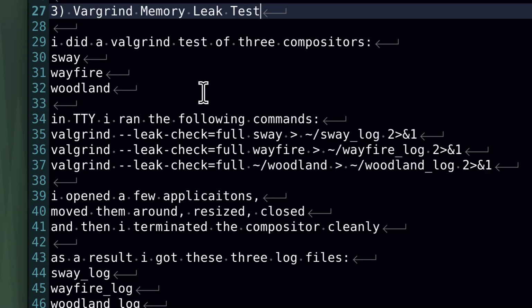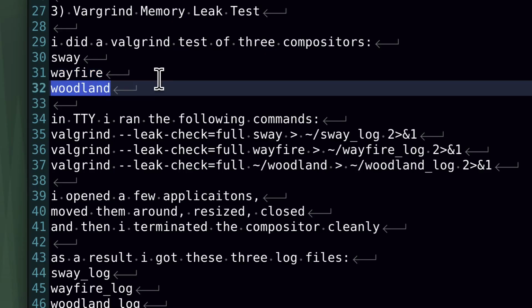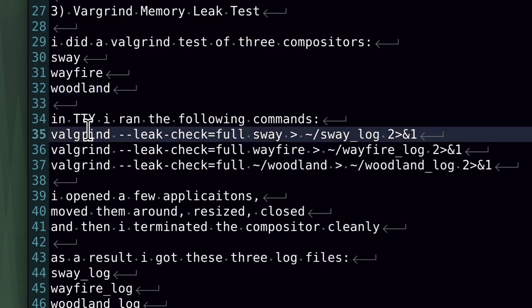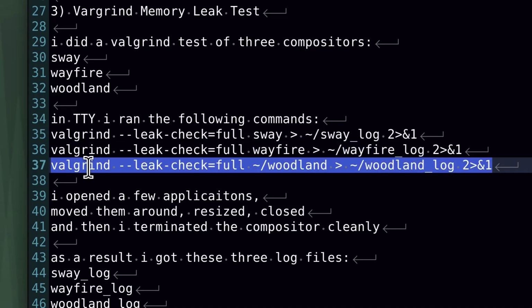So I did a test of Sway, Wayfire and my compositor Woodland. I switched to TTY and I ran these three commands. First I tested Sway, then Wayfire, and the last one was my Woodland compositor.